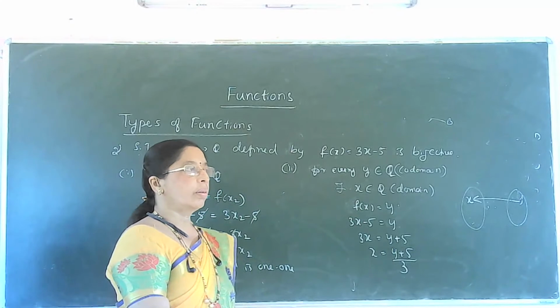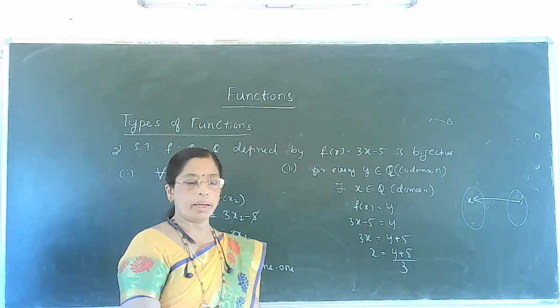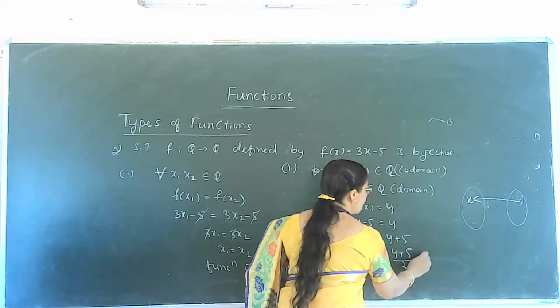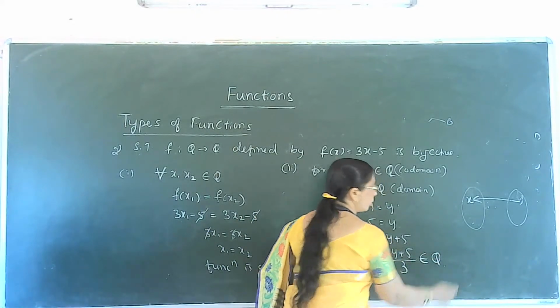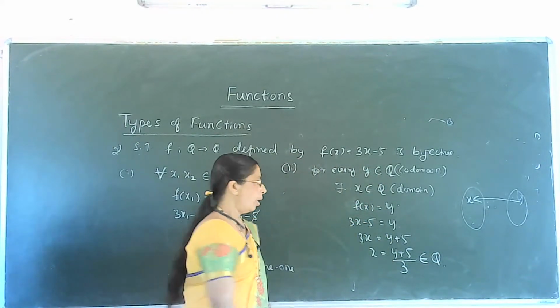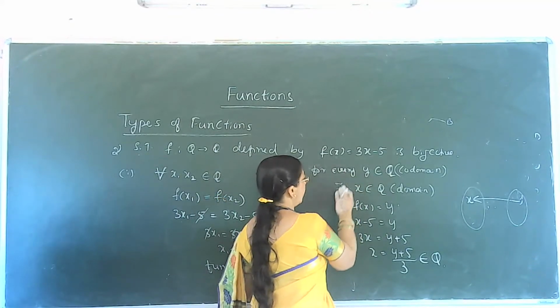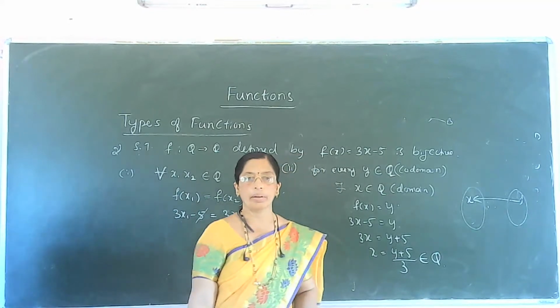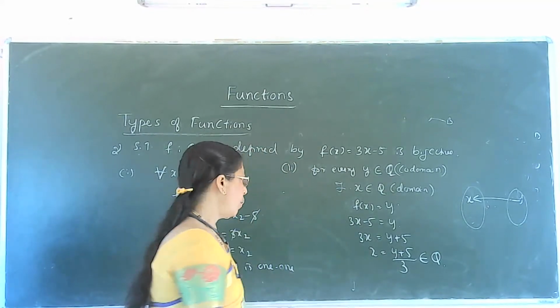Sometimes it is a rational number. y plus 5 by 3 belongs to Q. If we took the natural number set, it would not belong to the natural numbers.